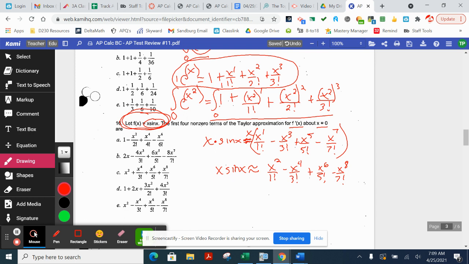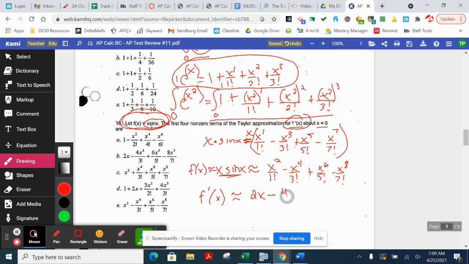What the question is now asking you to do is find f prime. So if this is f of x, our approximation for this function, and I now want the derivative of this, couldn't we just take, instead of doing product rule and all this, the derivative of this guy? So the derivative of x squared is just a 2x.